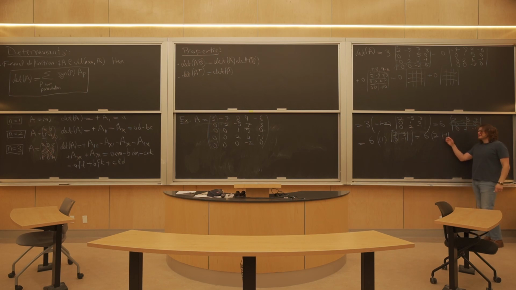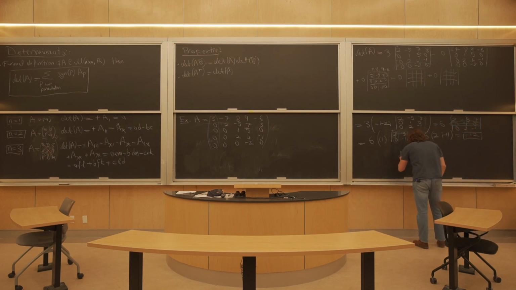Of course, this is misleading now, because I'm not saying the absolute value of minus 1. I'm saying the determinant of the 1 by 1 matrix whose entry is minus 1. So this is minus 1. So the end result is that the determinant of this matrix that we started with is minus 12.